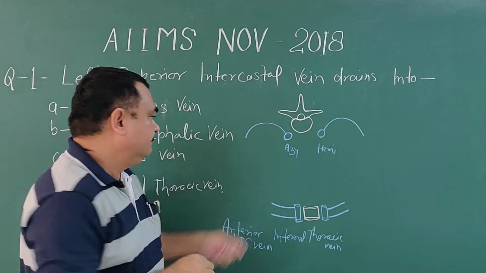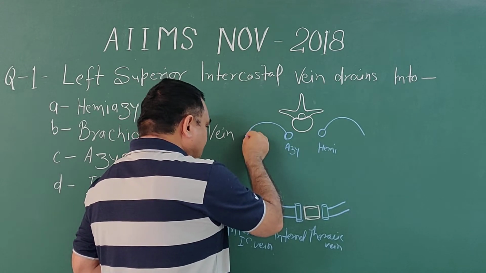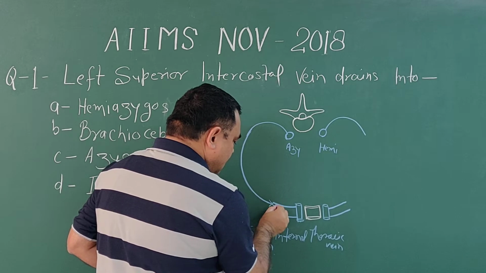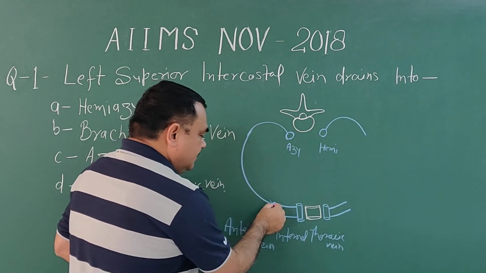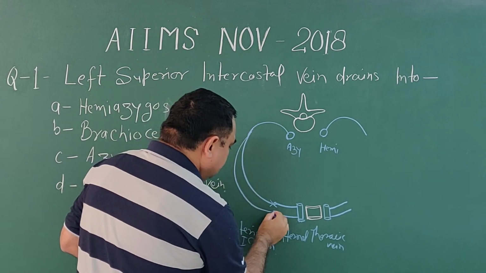This is one, and it gives a collateral. So this vein anastomoses with this vein, and it gives a collateral. This is the collateral of this.